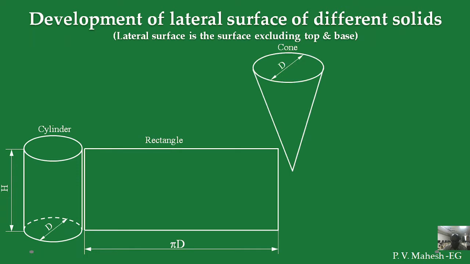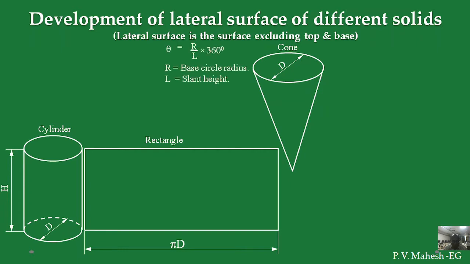Now in the case of a cone, what do we have to do? Again we have to cut here at one section and do the development. Now what is the shape? It is the shape of a sector. For a sector we need two things: the radius of the sector and the included angle of the sector.